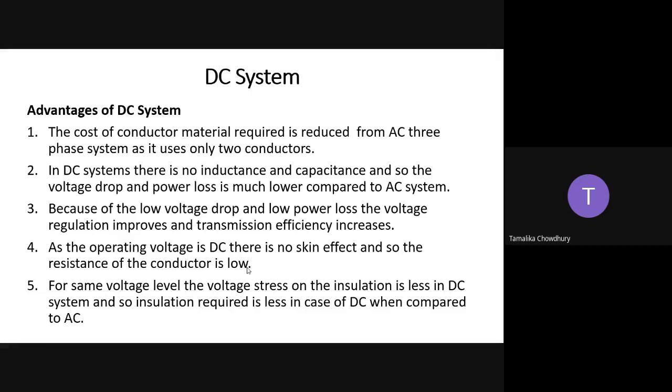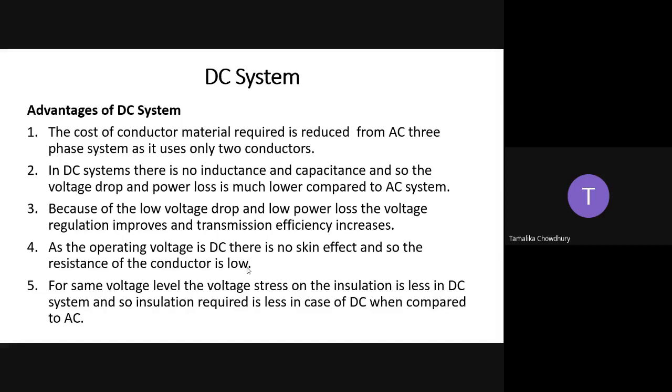You know that voltage drop, as I was discussing, line drop, due to that the voltage regulation also becomes poor if there is huge voltage drop. Okay, so that is improved, and transmission efficiency is also increased because they are related to each other. So regulation is improved and transmission efficiency is increased if we use the DC system.